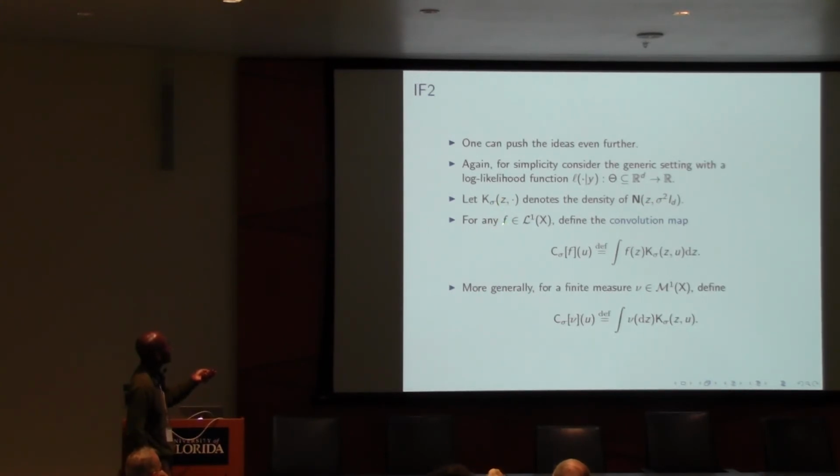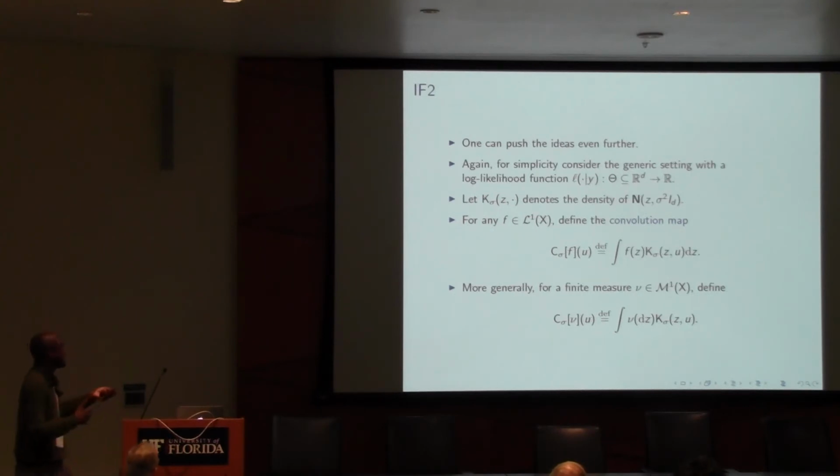Given a density, or a function f, I will convolve that with the kernel K sigma, and I call that C sub sigma f. So this is just: draw a Gaussian with mean 0 and variance sigma squared, draw another random variable independently from f, and take the sum of the two. The distribution of that is what I'm calling C sub sigma f here.